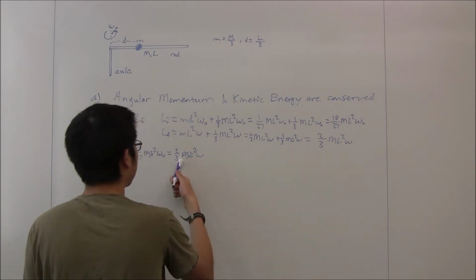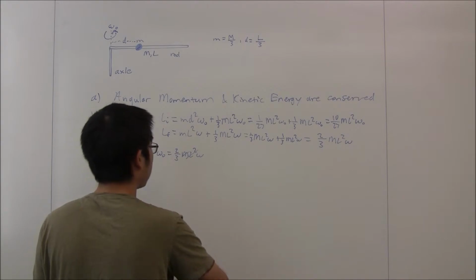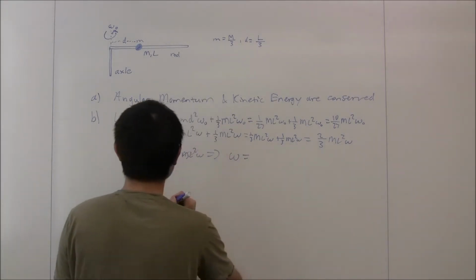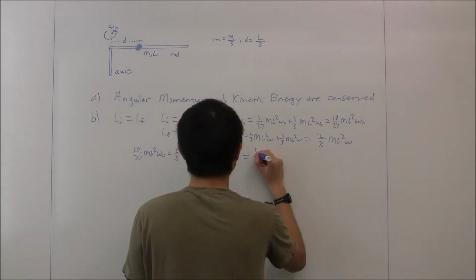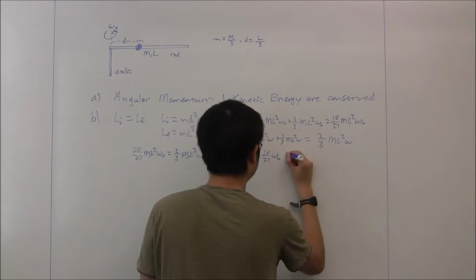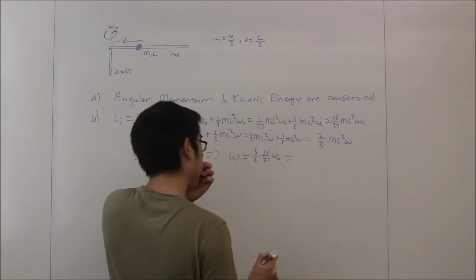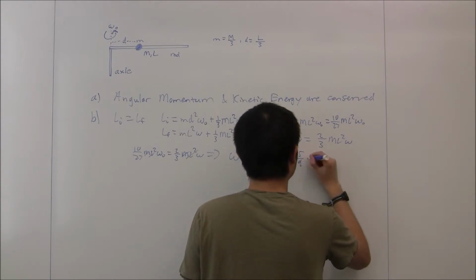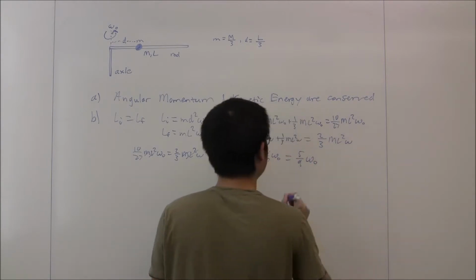If you multiply by 3/2, we get that omega is equal to 3/2 times 10/27 omega naught, which simplifies to 5/9 omega naught.